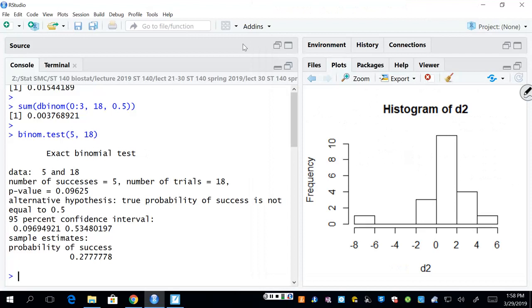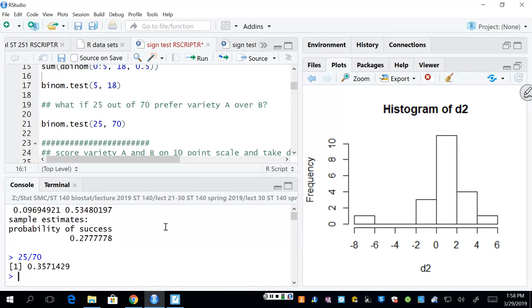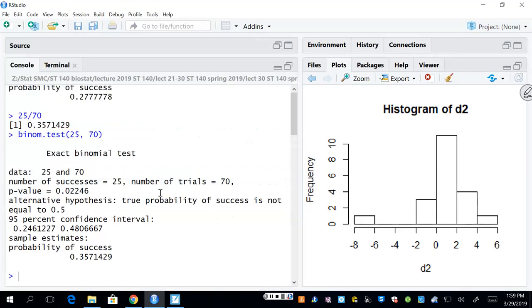Now, if you had bigger sample sizes, right? So if you had 25 out of 70, now 25 out of 70 isn't even quite as extreme, right? 25 out of 70 is 0.35. So that point estimate, the estimate of the probability of preferring A, is about 36%. It's a little bit closer, but it's based on a bigger sample size. So could it be significant? If you do the binomial test with that one, you get a p-value that's actually smaller.